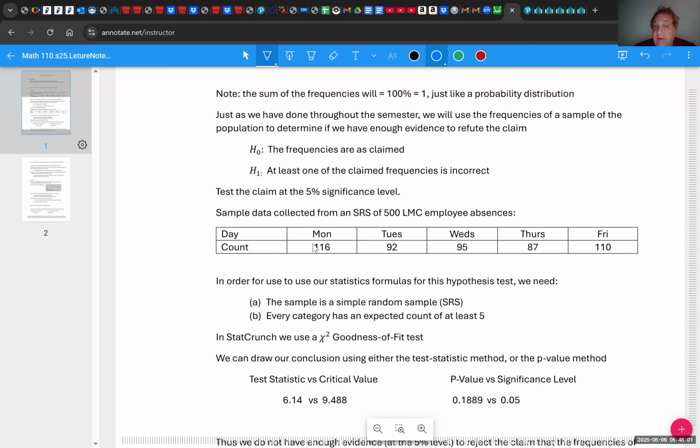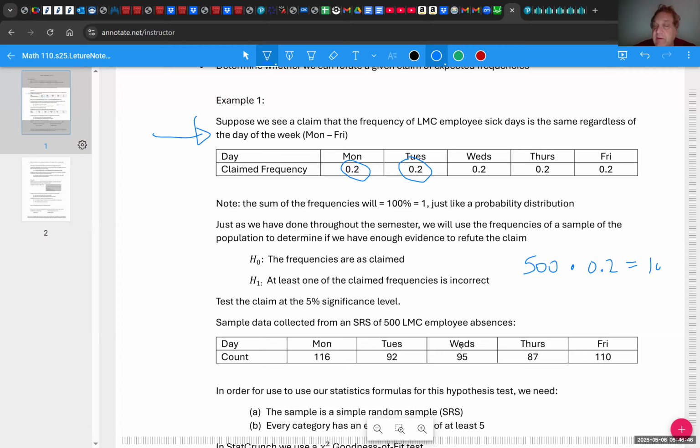Well, we are expecting, according to the null hypothesis, that 20% occur on Monday and 20% occur on every single other day. So if this null hypothesis were correct, then we expect 20% of the absences to be on a Monday. There are 500 data items. So you take the 500 data items, you multiply by the 20%, and 20% of 500 is 100.